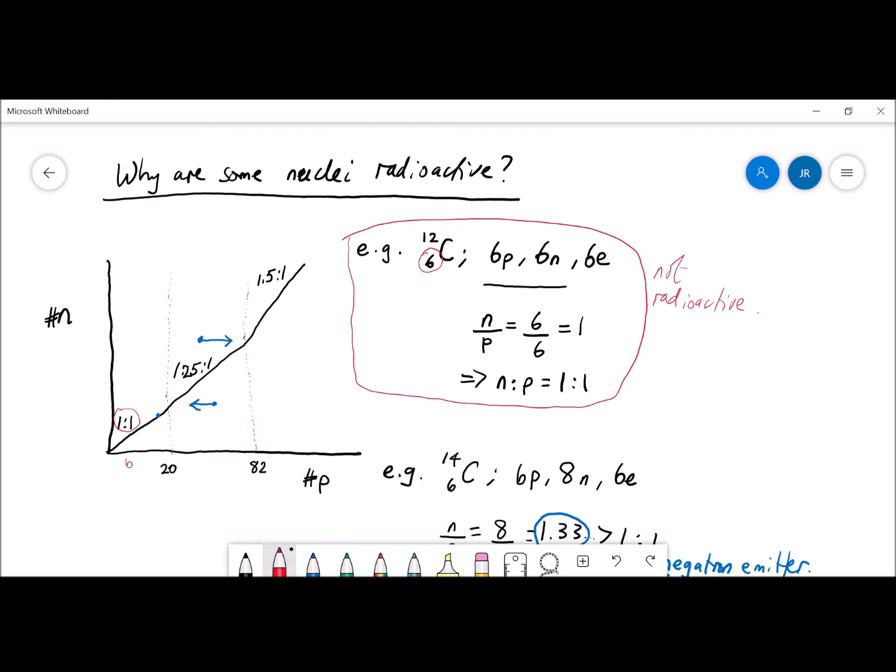Outside of that, just in the last minute or two, anything with 83 protons or more, so all of this stuff, is radioactive.